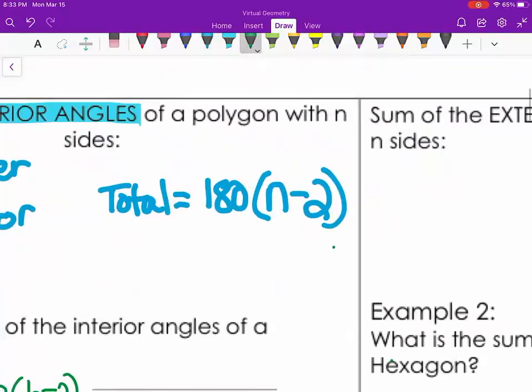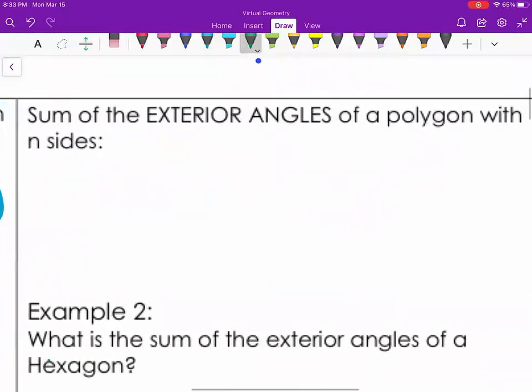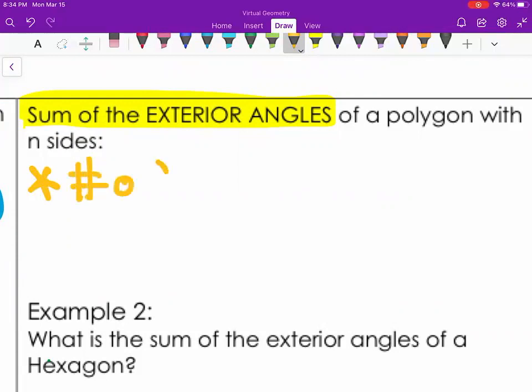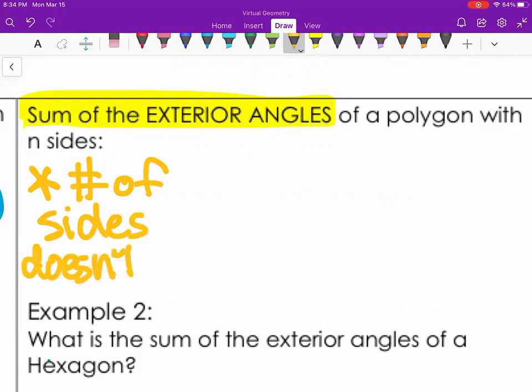Now, one of our other formulas that we have is the sum of the exterior angles of any size polygon. And for that, it does not matter how many sides. Oops, sorry, that's a little hard to read.